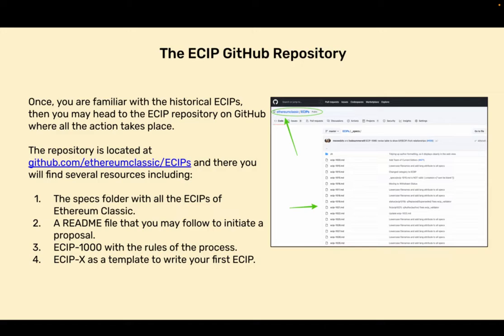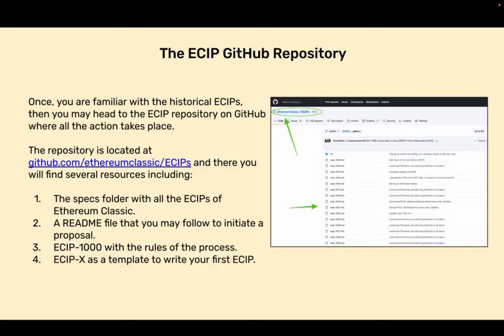The ECIP GitHub repository. Once you're familiar with the historical ECIPs, then you may head to the ECIP repository on GitHub, where all the action takes place. The repository is located at github.com/ethereumclassic/ECIPS, and there you will find several resources including 1.